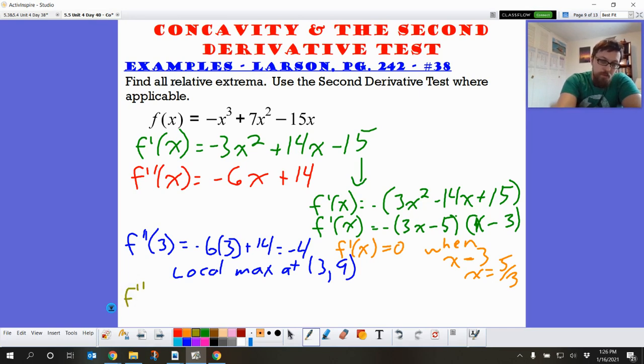f double prime of 5/3 equals negative 6 times 5/3 plus 14.